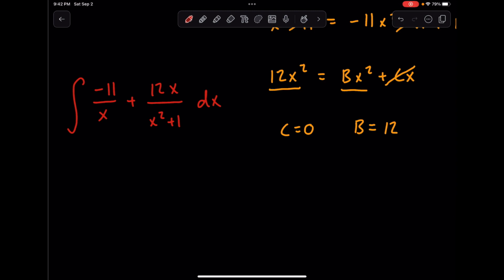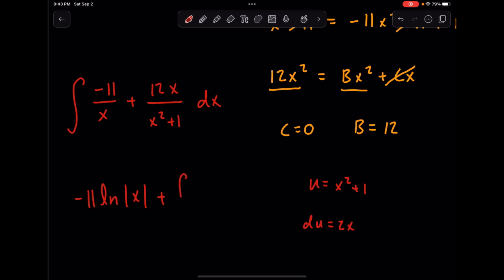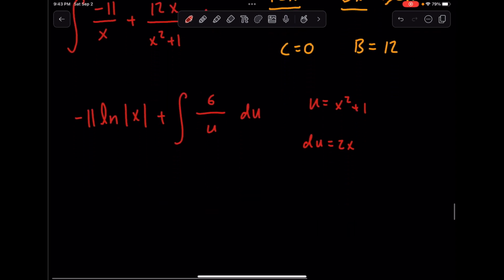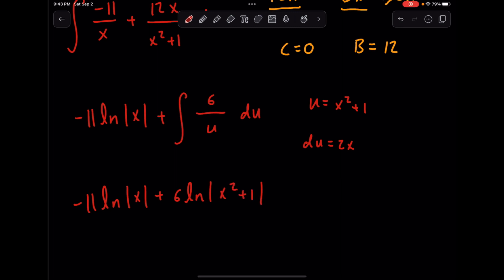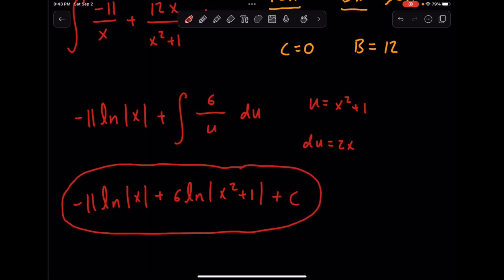This first part here is just negative 11 ln absolute value of x, plus, now we need to do a simple u sub here, so we can set u equal to x squared plus 1, du will equal 2x dx, so this becomes the integral of 6 over u du. And so our final answer will become negative 11 ln absolute value of x plus 6 ln absolute value of x squared plus 1 plus c. And that is how you can use partial fraction decomposition to solve an integral.